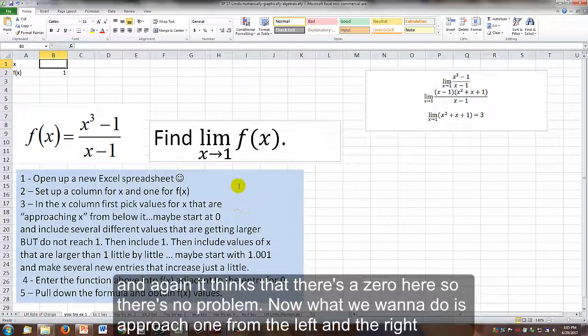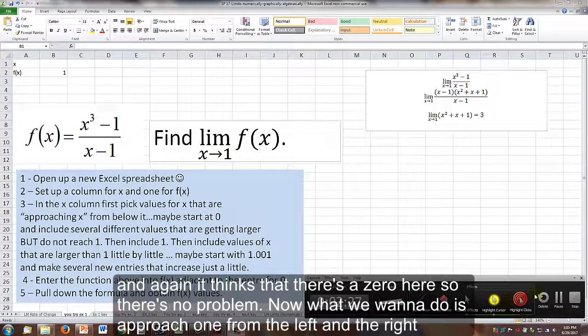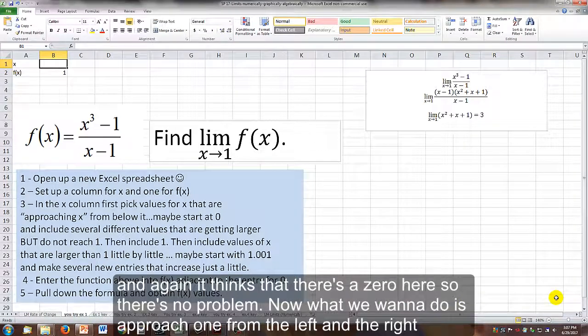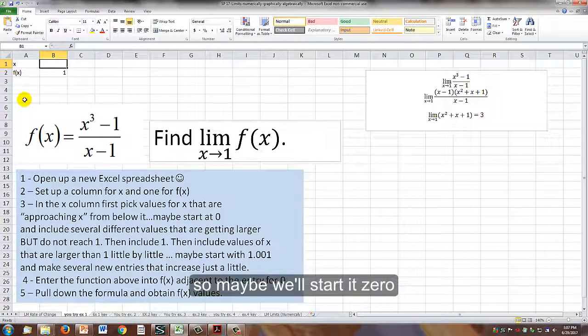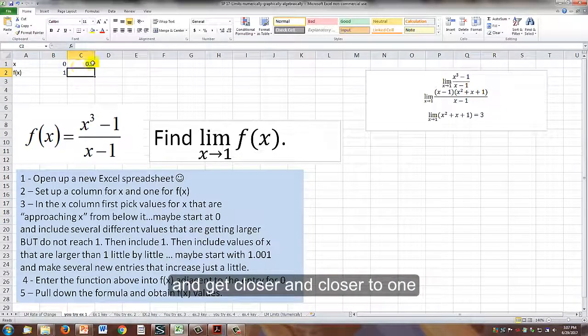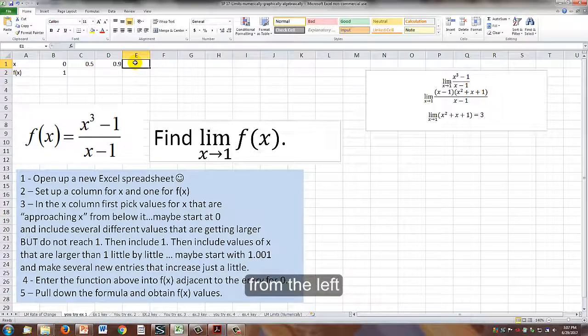Now what we want to do is approach 1 from the left and the right. You need to check the limit of f of x from the left and the right. So maybe we'll start at 0 and get closer and closer to 1 from the left.